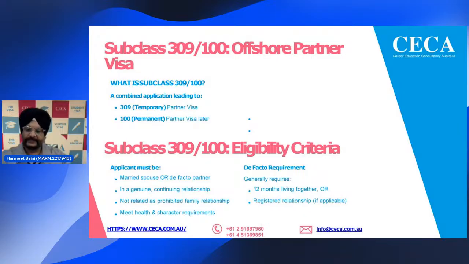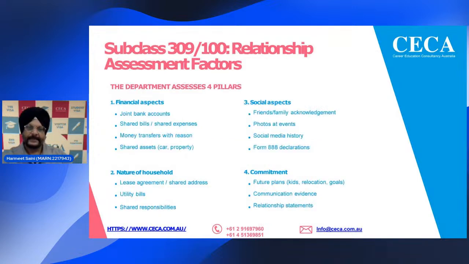A lot of evidence you have to provide to prove your de facto relationship. And the department assesses this relationship on the basis of four characteristics: the financial aspects of your relationship, the nature of the household, the social aspect of the relationship, and your commitment towards your genuine relationship.